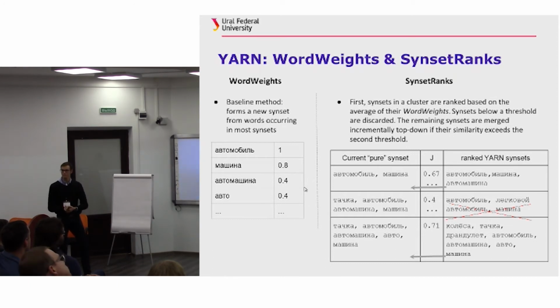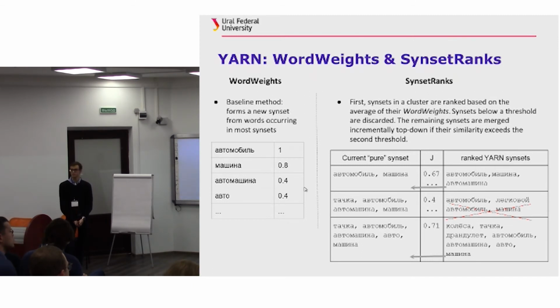Yes, so you make a synset based on the most popular word in this cluster and put it to the other words to destroy that success? We're throwing them out if the weight inside this cluster is below the threshold, and the threshold is defined during the training. It is a global threshold.